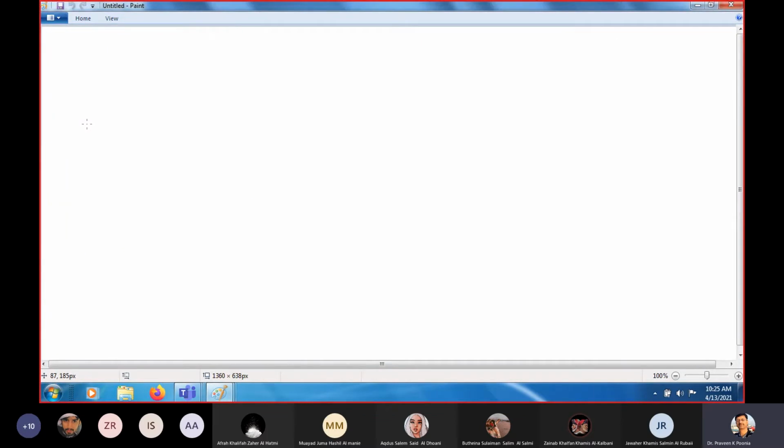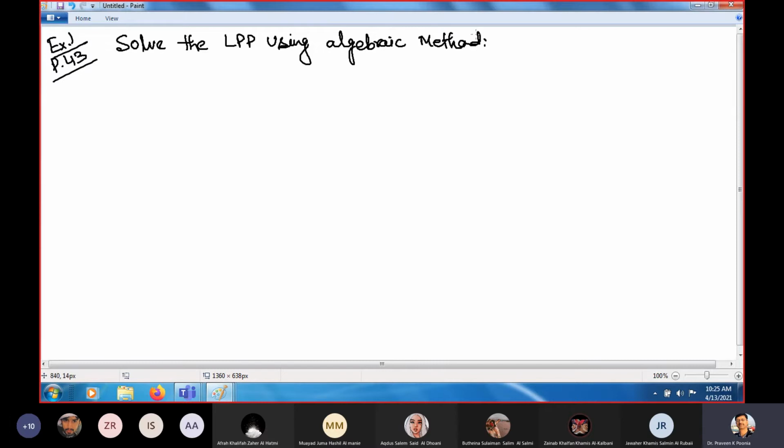Okay. So let me take one example so that we can understand how we are going to do all of these things. This example is given on page 43. Solve the LPP using algebraic method.